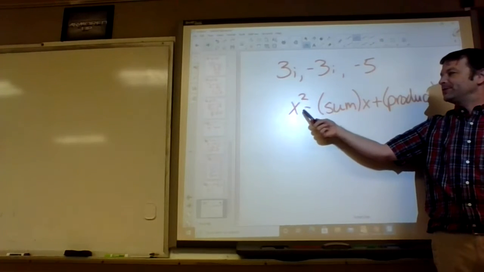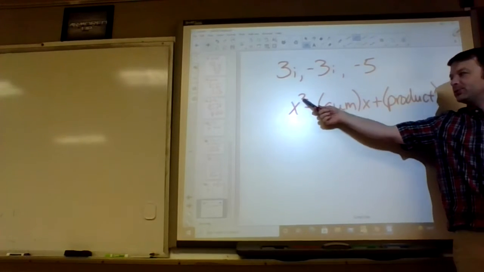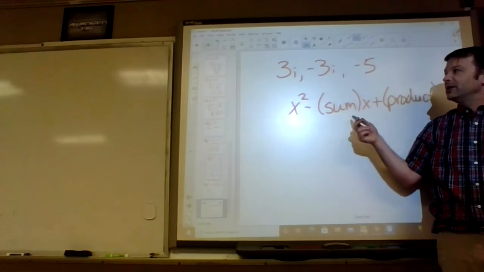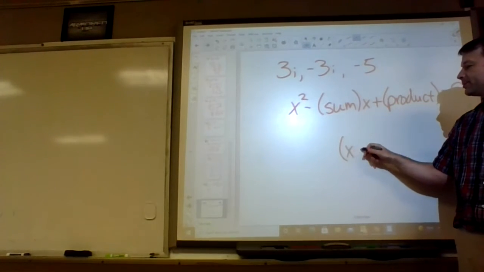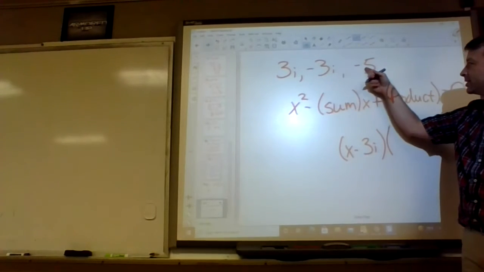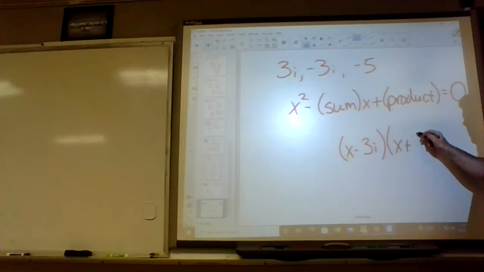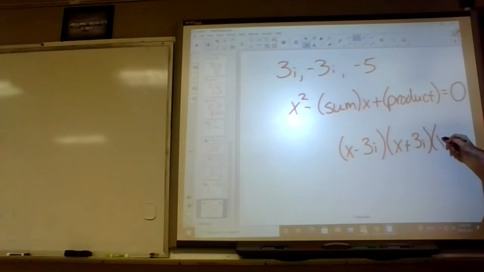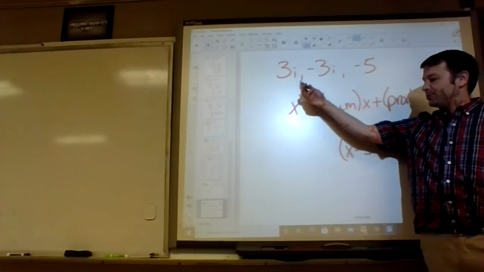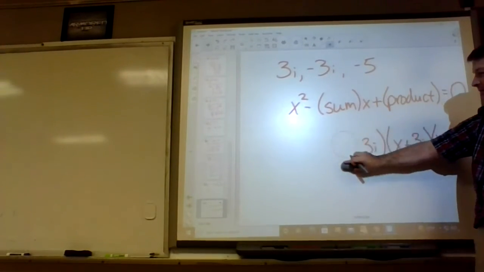So this is just for two roots, because it's an x squared. We could do x minus 3i times x plus 3i times x plus 5, like FOIL all that together, and that would give us the answer. Sometimes, remember though, the imaginary roots were really messy, so that was really hard.